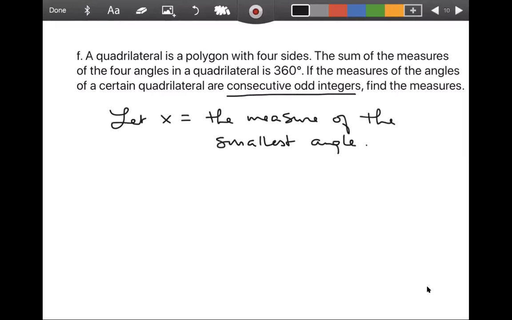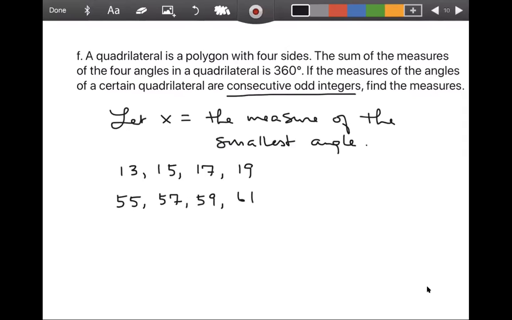Okay, so what would be an example of a set of 4 consecutive odd integers? Well, it would be something like 13, 15, 17, 19. Or 55, 57, 59, 61, right?